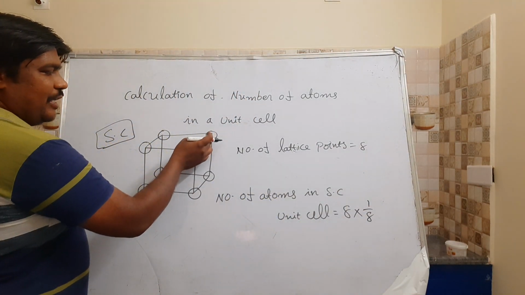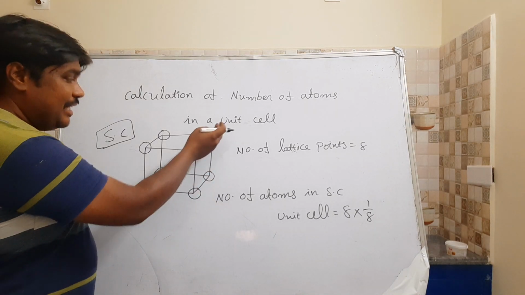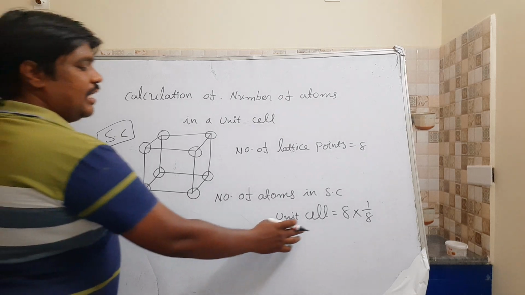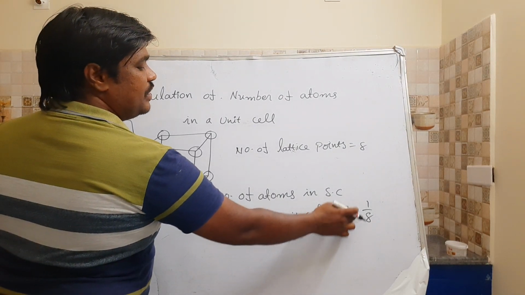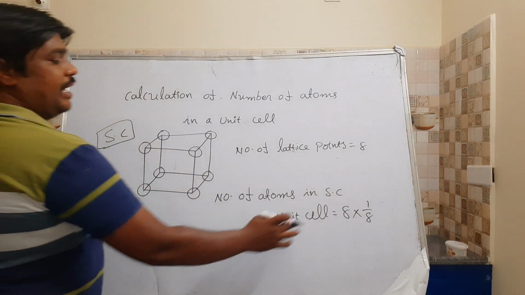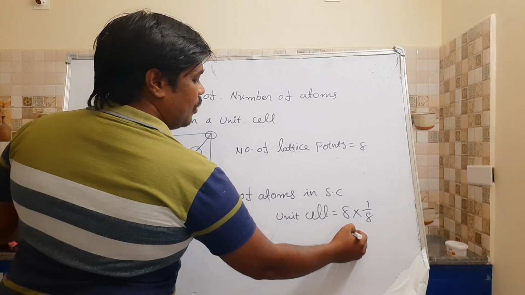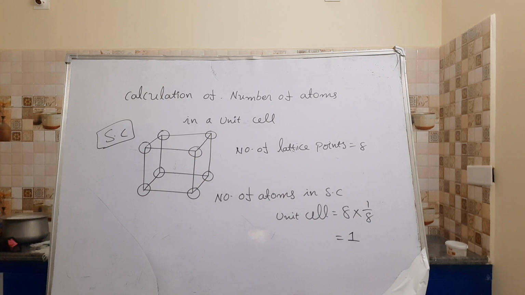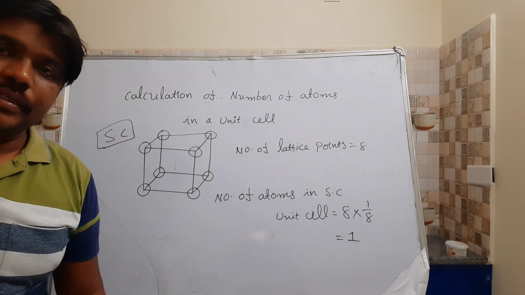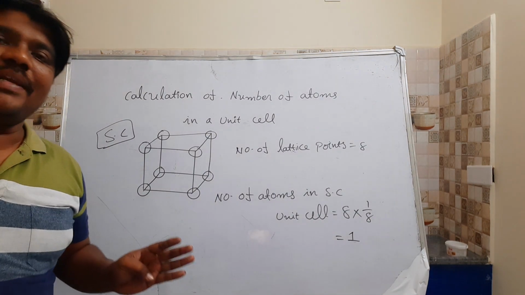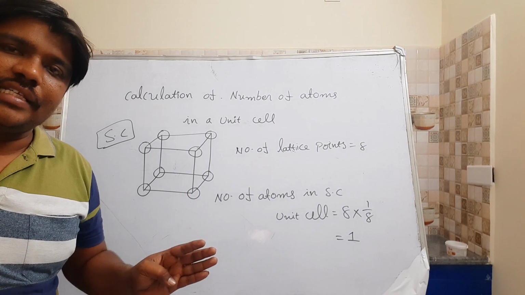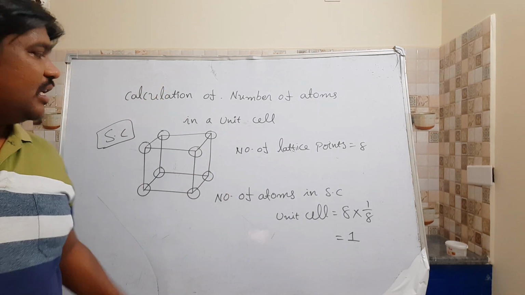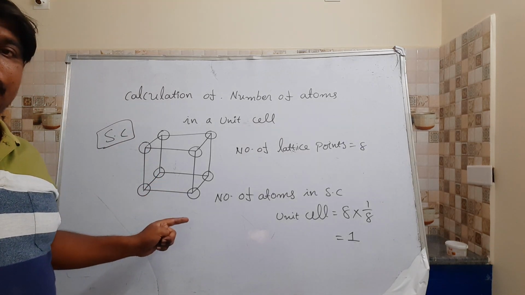Each lattice point is going to contribute 1 by 8th part only, right? So the number of atoms is 8 into 1 by 8. Only one atom is present in a unit cell of a simple cube.